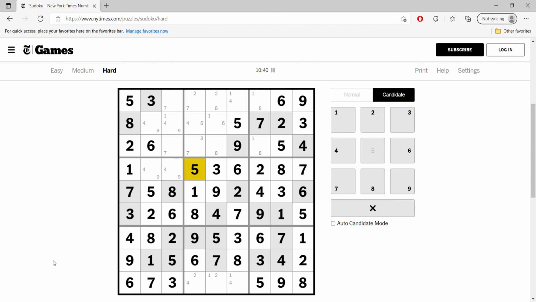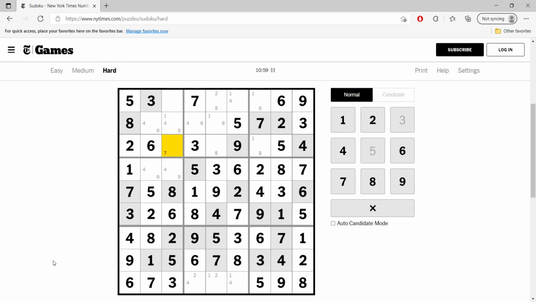At this point, I think I'm just missing something obvious. So we got 2, 3. This is 3. This is 7. This is 7. Can this all be 1? For now, I say yes, I don't know.